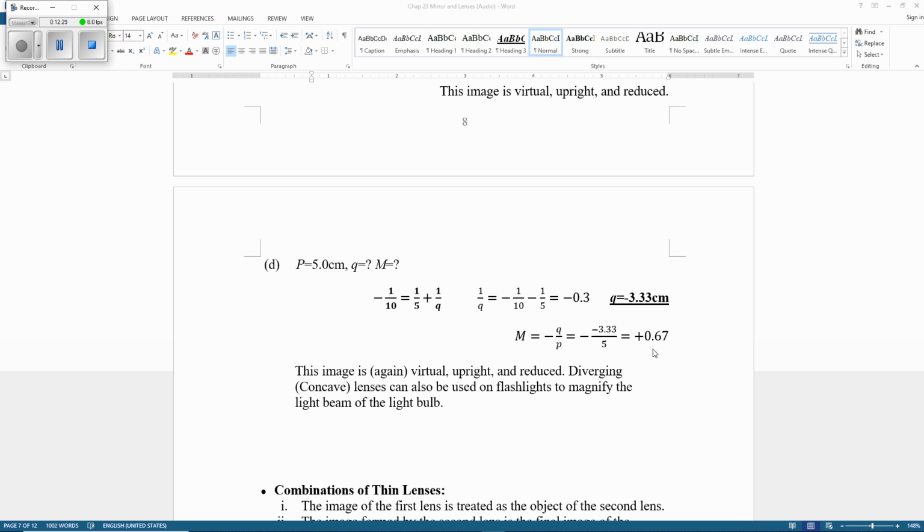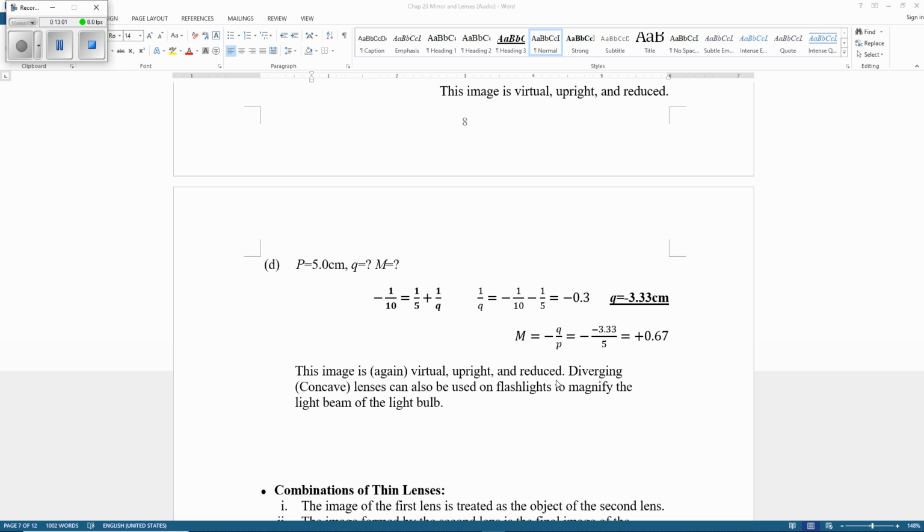Okay, so remember here we have a conclusion. The diverging lens always gives you this kind of image: always virtual, always upright, and always reduced. Not like the converging lens. A converging lens can give you real or virtual, enlarged or reduced, different images.